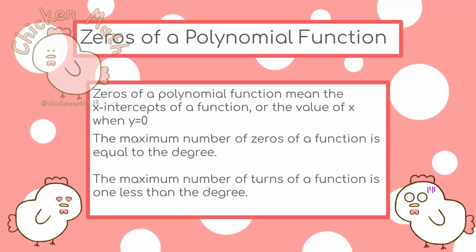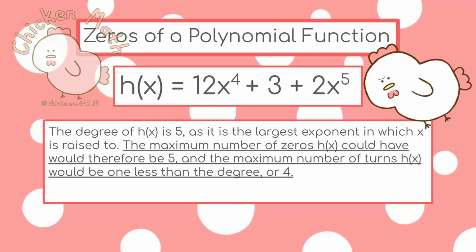Now, these are going to be important later on when we start actually sketching out graphs based on a given polynomial function, but just keep that in mind for now, and we're going to do some practice with it later on. So let's take a look at the degree here and see what information it tells us. h of x is our polynomial function, and 5 is the largest exponent to which x is raised, therefore it's the degree.